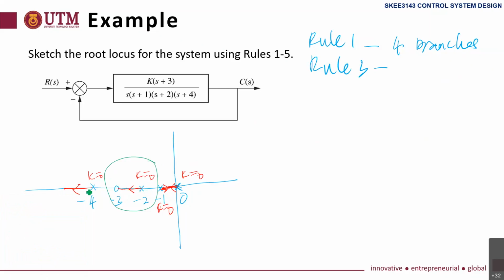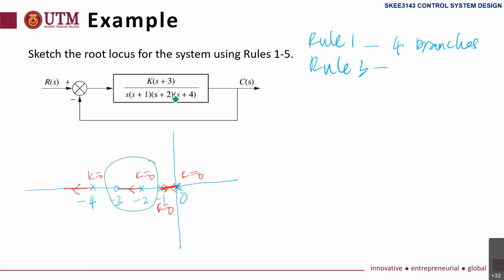But there are only 4 poles. There are 4 poles, only 1 zero. So there will be 3 infinite zeros, zeros at infinity. Because it must start from pole and must end at zero, the total number should be the same for poles and zeros.